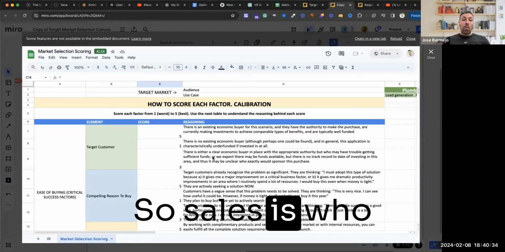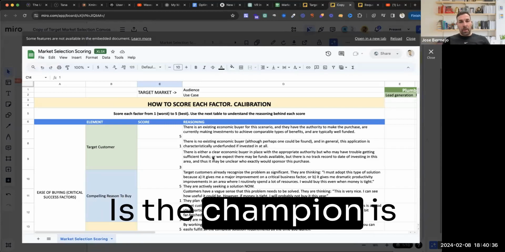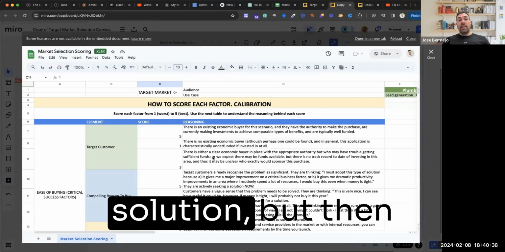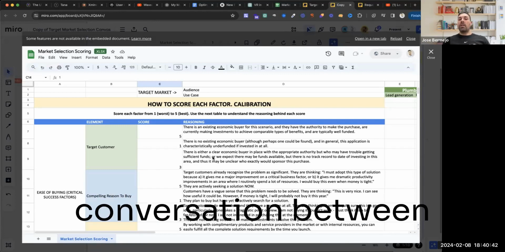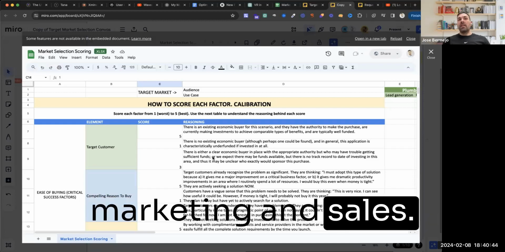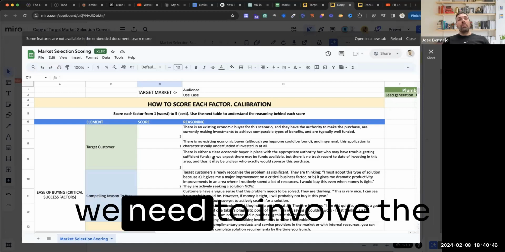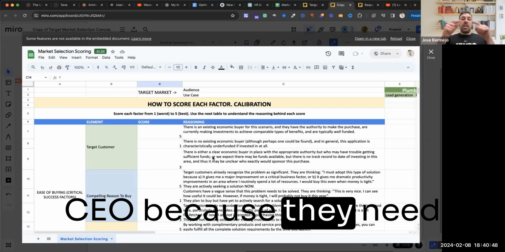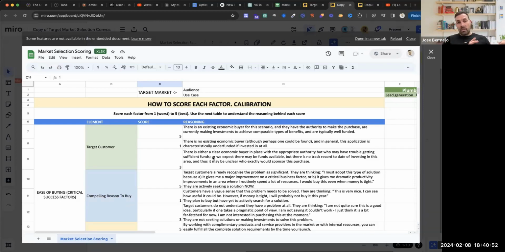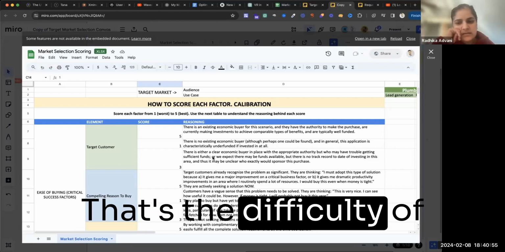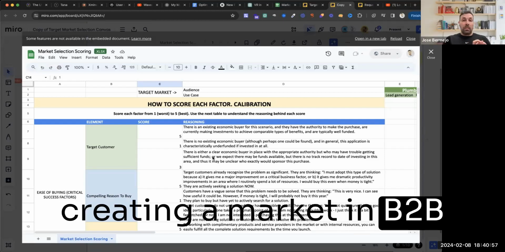So sales wants this, is championing our solution. But then marketing is the one who has the budget. So there needs to be a conversation between marketing and sales. And most of the time we need to involve the CEO because they need to change the incentives of marketing and sales. That's the difficulty of creating a market in B2B.